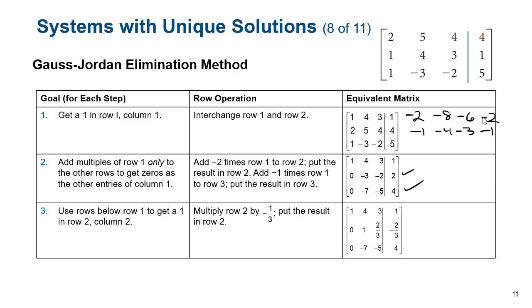The next thing is you want to get a 1 in this spot here. And that normally just means dividing by its coefficient. Now, here's something you want to think about. If I divide everything through by -3, I'm going to get fractions. And fractions suck. We hate dealing with fractions.